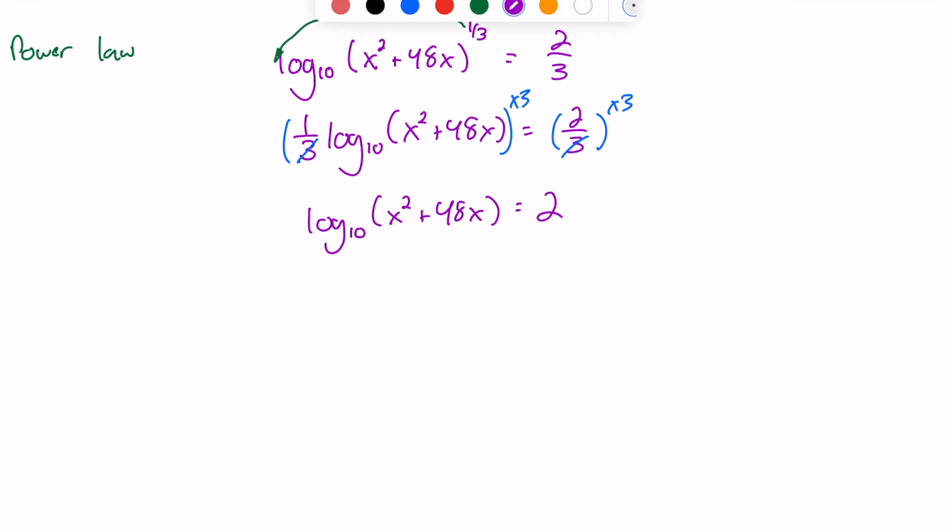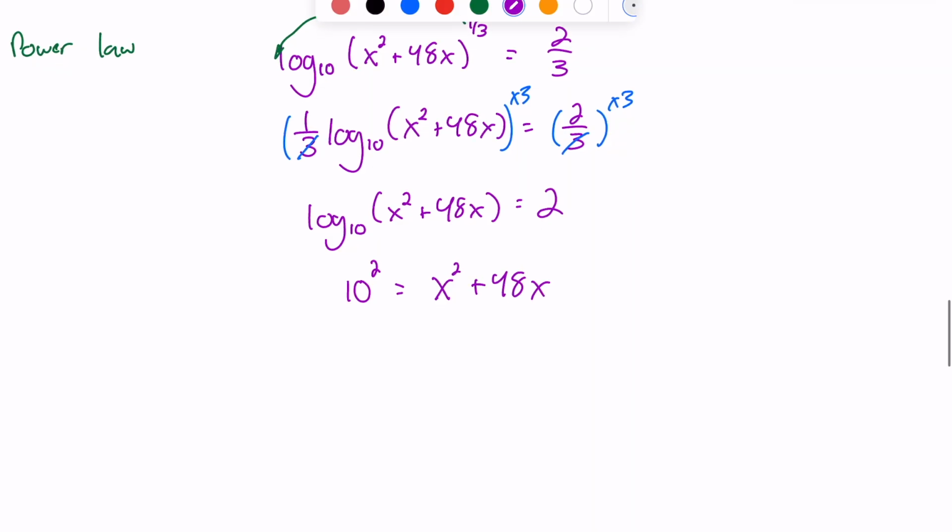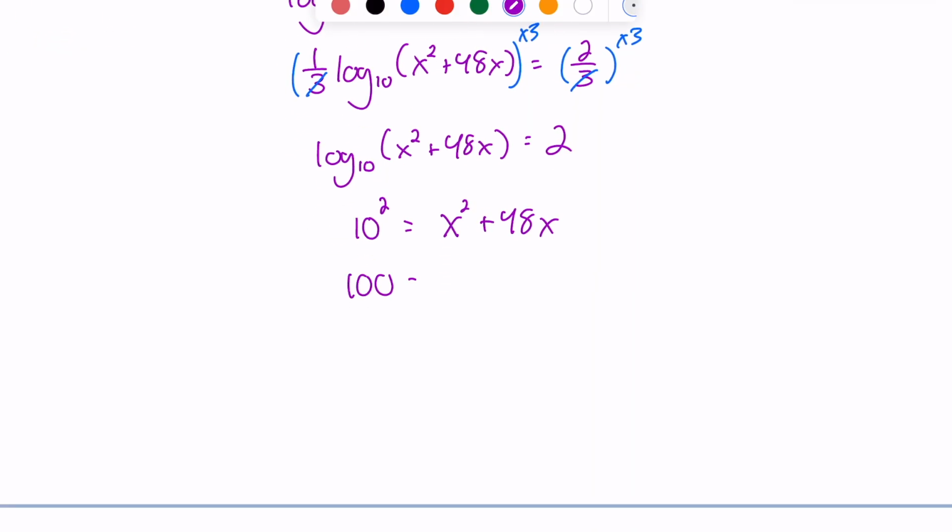I'm going to rewrite that as 10 squared equaling x squared plus 48x. That's 100 equaling x squared plus 48x. Bring the 100 over to the other side. So I have now 0 equals x squared plus 48x minus 100.